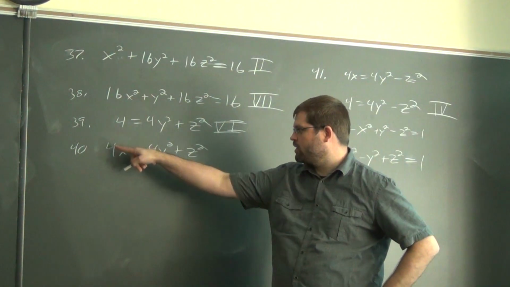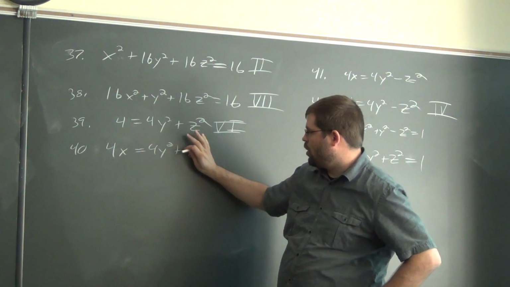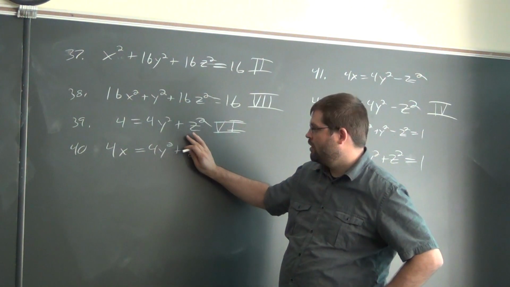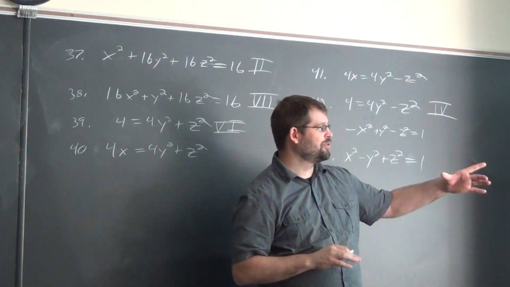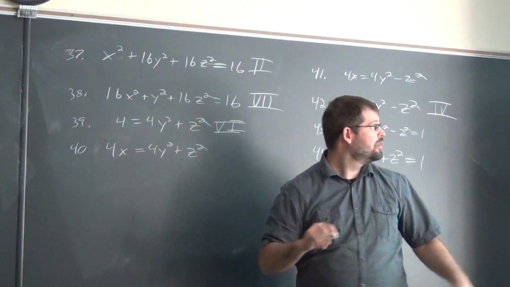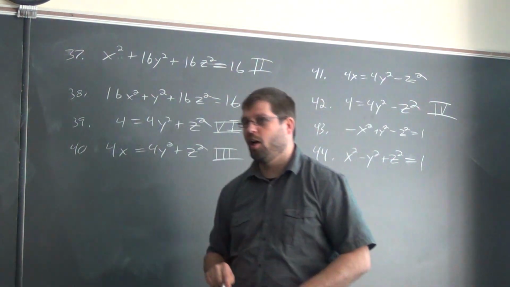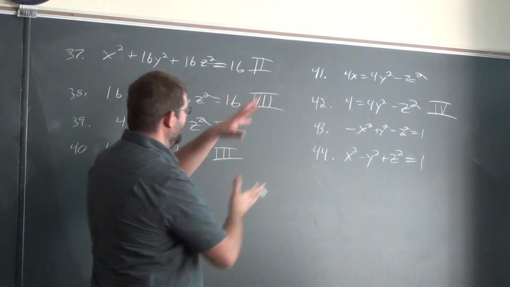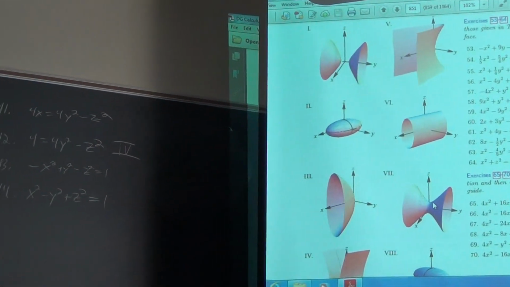So again, don't just ignore the constants, but if there's no z, 4x is 4y squared, so you get that parabola opening in that direction, and then the same thing here. And so, what did we say it was? 3. And be careful, if they open in different directions, you have to know which one is which. That should be good.